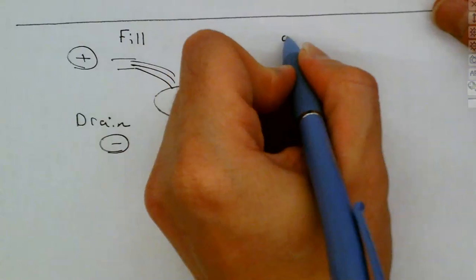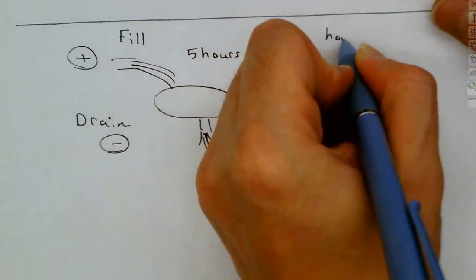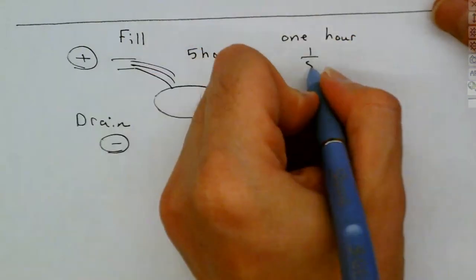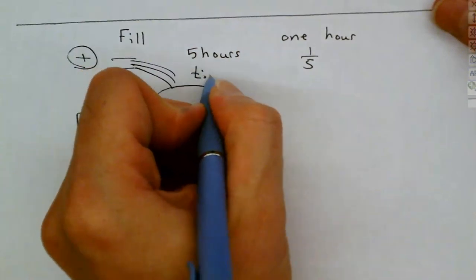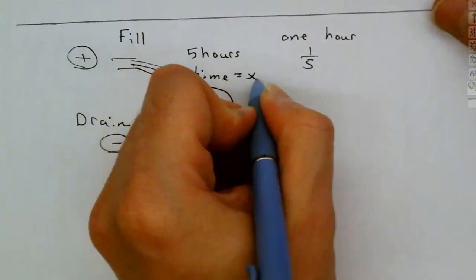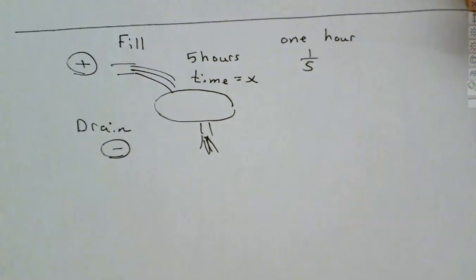So how much is done in 1 hour? Okay, we use that 1/5 again, and time is unknown, so that's x. We also drain water out. So when we drain water out, it's negative. And how fast is this drain?